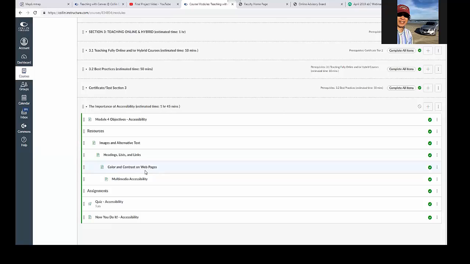Now we talk about web pages. As a matter of fact, for us faculty, besides web pages, we can actually take away the word web. It is all pages in your course content. And then about media accessibility, a lot of high-profile cases involve closed captioning. So as a faculty member using a textbook with publisher materials which have a lot of PowerPoint and audio, take a good look and see if they have captioning.